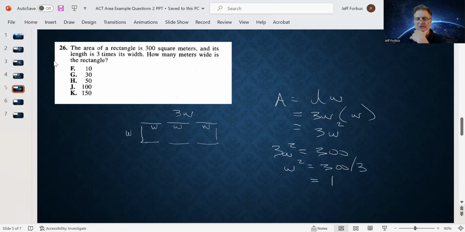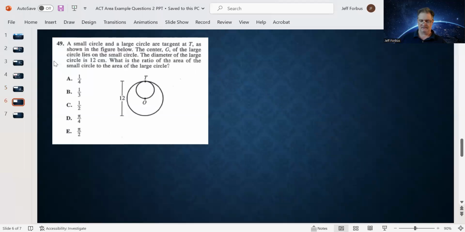That's going to leave us 100, right? So now we're going to take the square root of both sides. This is going to leave us W. The square root of 100 is 10. So how many meters wide is the rectangle? Well, 10 represents the width, and that's answer choice F. All right. Next question, please.